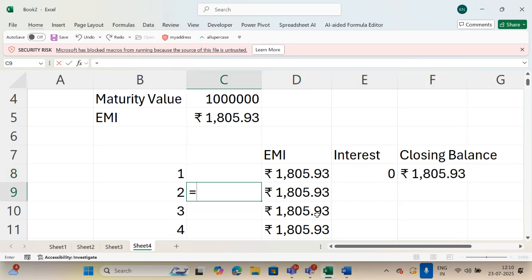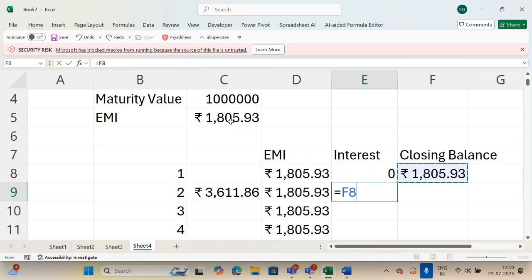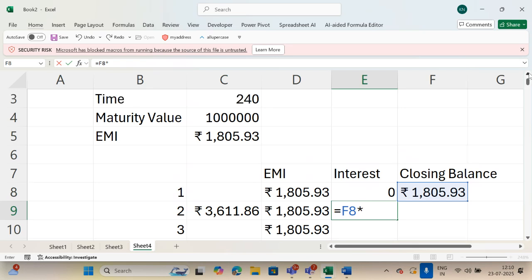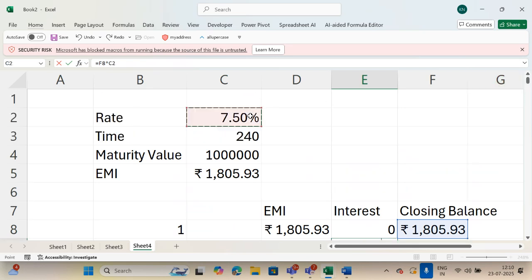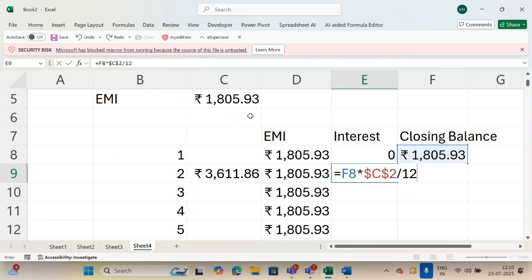Okay, next month again, this will be your closing balance, and plus 1 EMI you will pay. Now the interest in the first month is equal to 1805, because that will be your deposit, divided by 12. This is your first month interest.